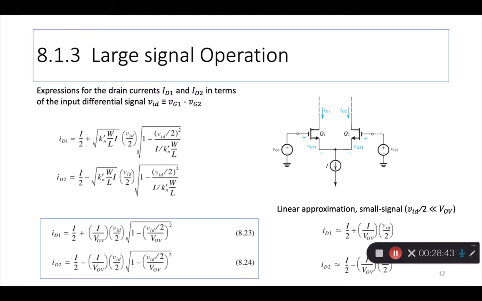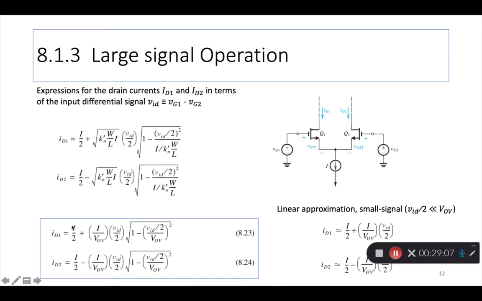So overdrive voltage stays the same, and the formulas for ID1 and ID2 are given here in 8.23 and 8.24 in the textbook. So basically VID, which is the difference between G1 and G2, determines what is ID1 and what is ID2.